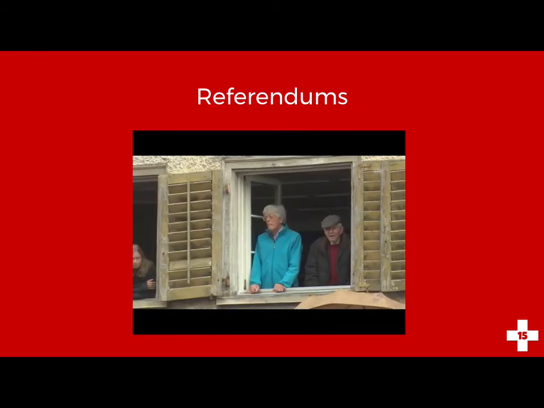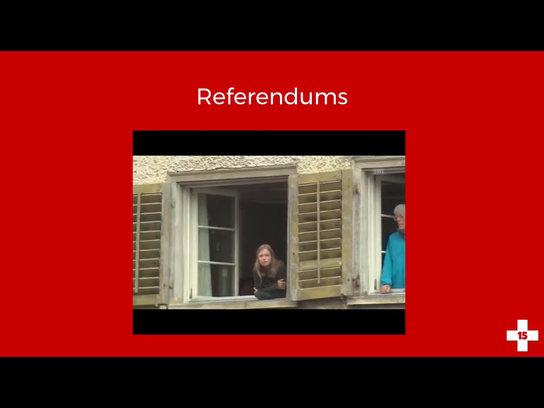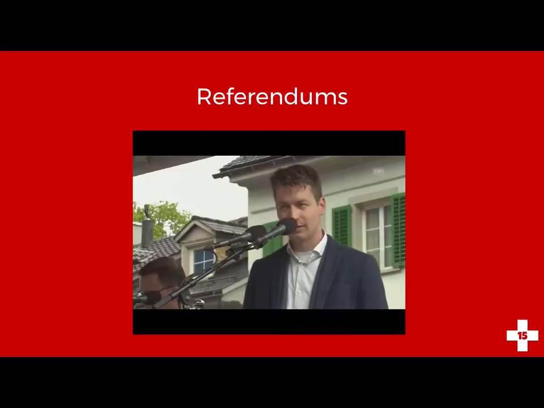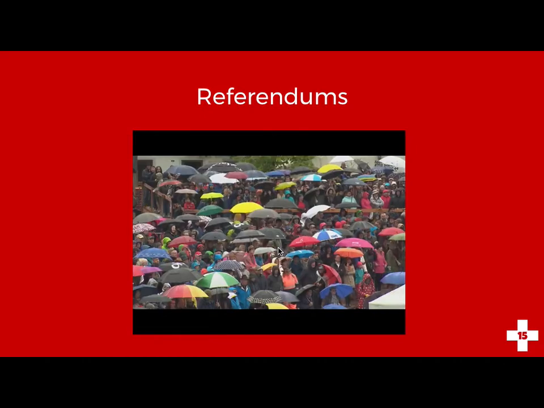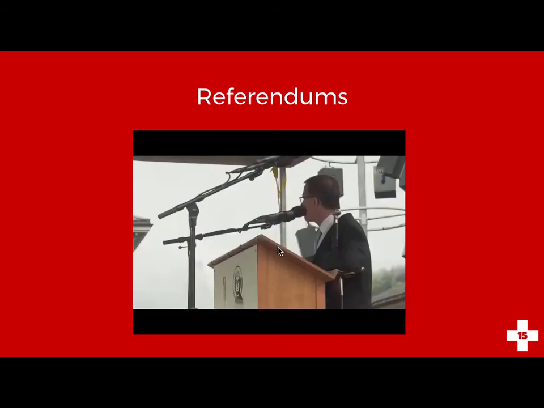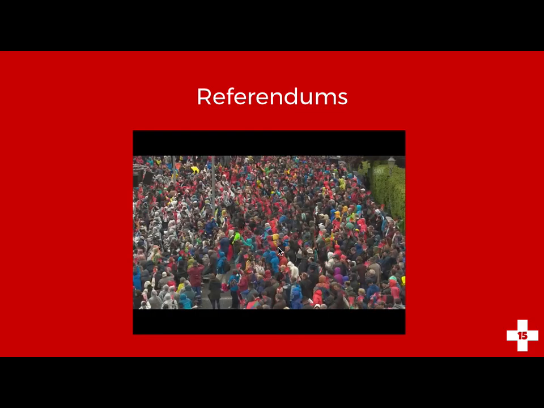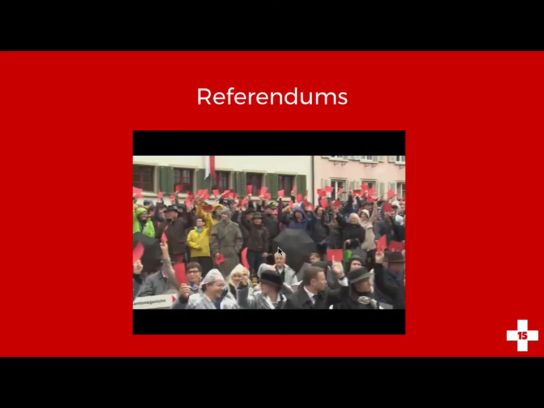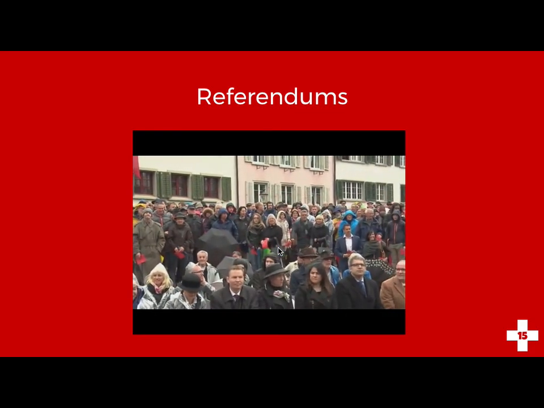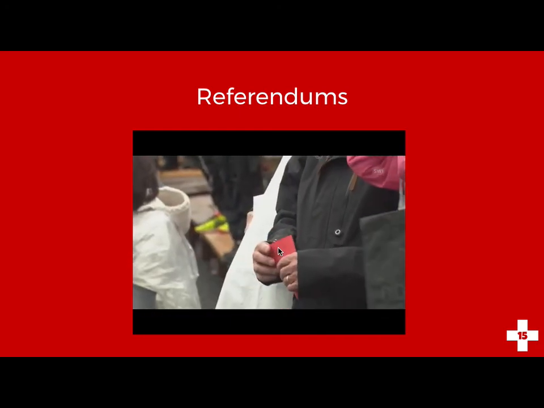I forgot which canton it was, but they were proposing a ban on burqas, and the cantonal parliament actually ended up passing that. And so the people basically rejected that, and they had a referendum opposing that law, and the referendum passed. So that law was removed once again.